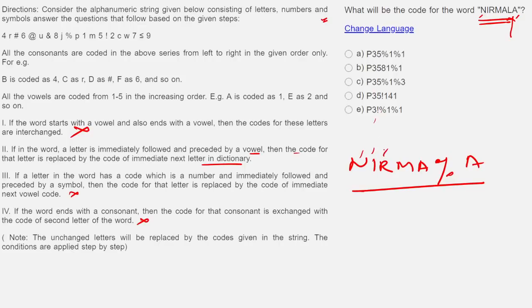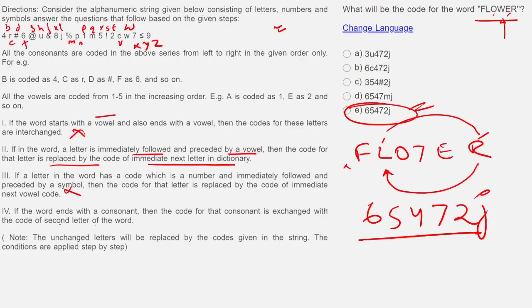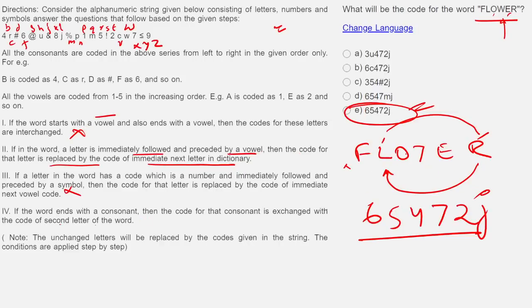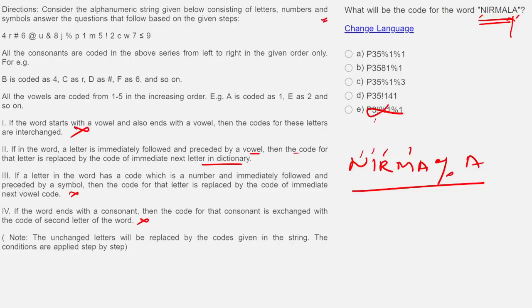R, I'll just check back from the previous slide, is 5, right? So the third option should be 5, so this is gone. Now M, I'll again go back and check. M is percentage, so M here is percentage, so this is gone and this is gone, right? And after percentage 1 will come and this will come and again 1 will come, so this is also gone, right? This is my answer. Simple.